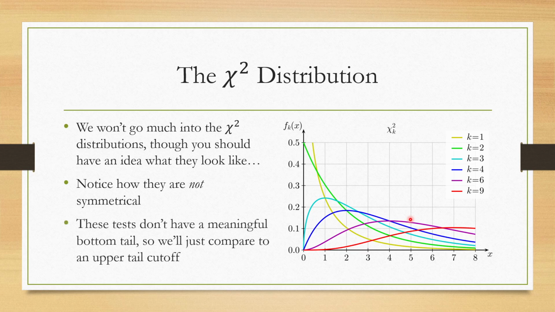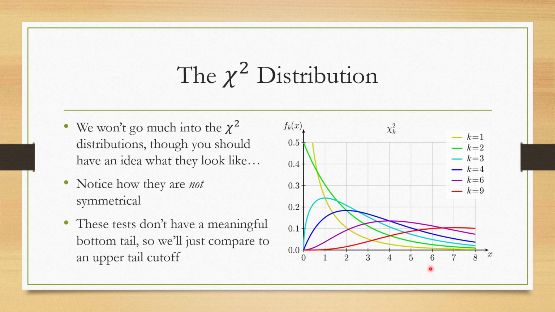Incidentally, for these tests that we're going to discuss in this lecture set, we're not going to use the bottom tail of the chi-squared. We're just going to be looking at the top tail for our significance decisions.